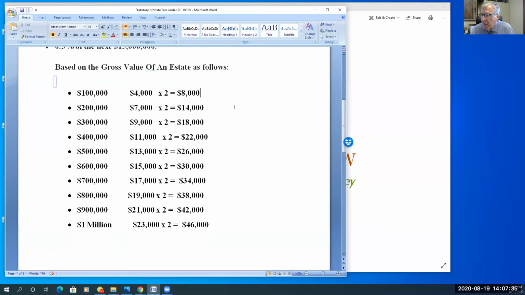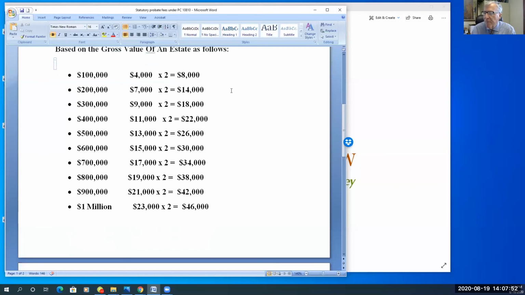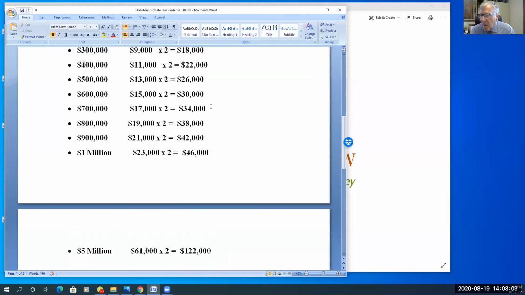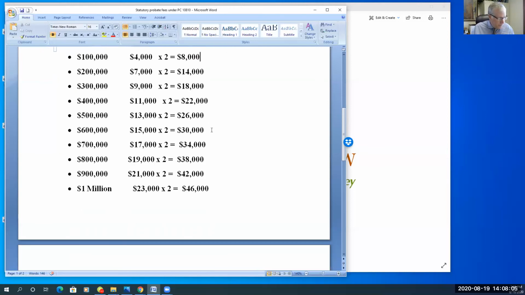So if the file turns upside down and there's a lawsuit involved, the attorney will be paid by the hour, and the extra work that the executor does, his pay will be determined by the hour, and this all has to be approved by the court. So most of the time there's no litigation. Most probates do not have extraordinary fees. Most of the time probate fees are determined through this calculation.